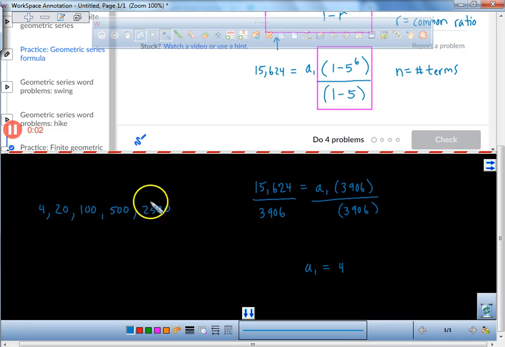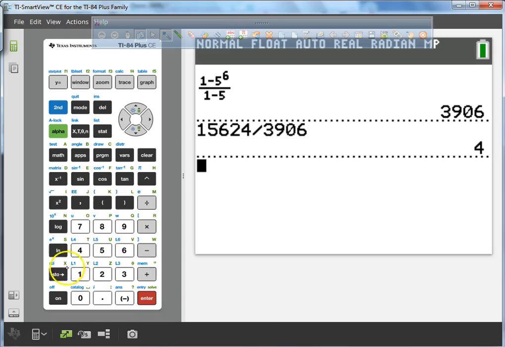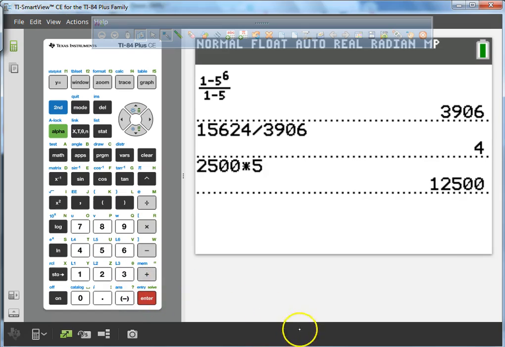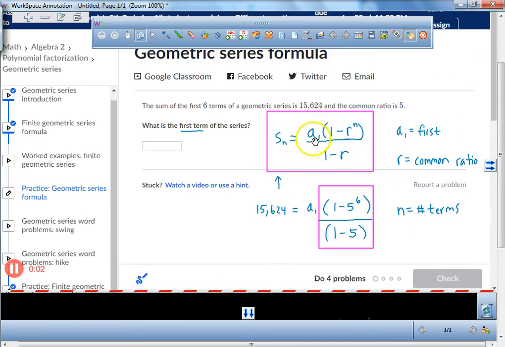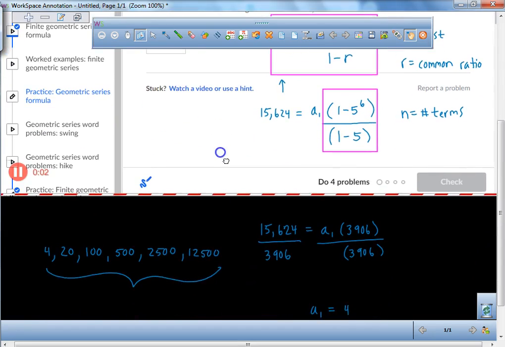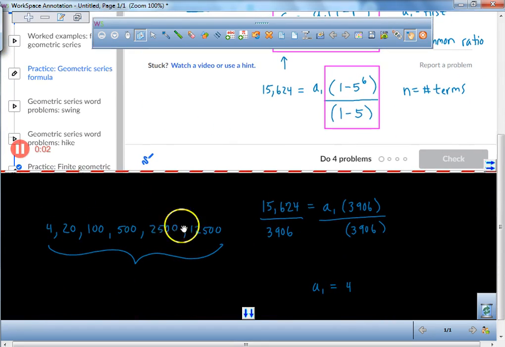Multiply 2,500 by 5, what do we get? 12,500. So if you were to add all of those up, what does that give us? That gives us 15,624.